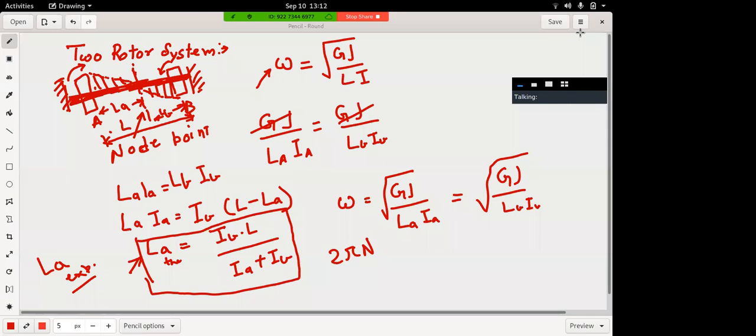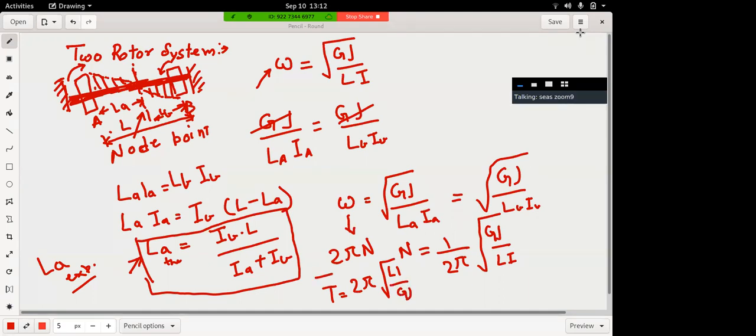So the natural frequency n can be written as 1 by 2 pi under root GJ by LI. इसको आप टाइम पीरियड के टर्म में भी निकाल सकते हैं. The time period will become 2 pi under root LI by GJ. तो अगर आप इसको वाइब्रेशन देते हैं, you can measure the time period for 10 oscillations and then divide it by 10, you will get one time period. So this is a theoretical value, and you can again match this theoretical value to your experimental value in order to get the natural frequency of the system.